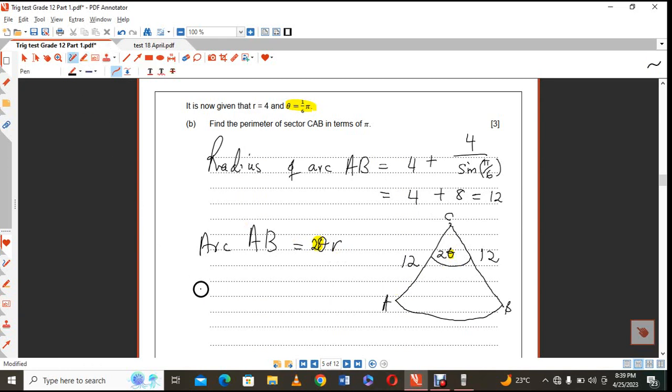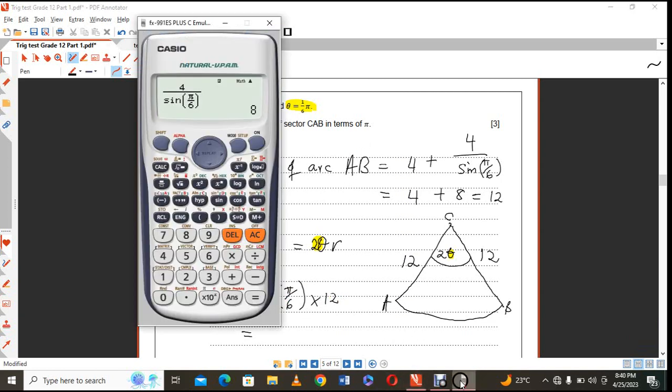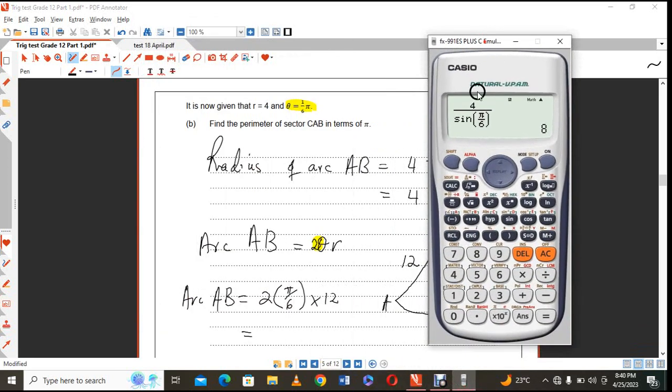Then we multiply by the radius, which is 12. So arc AB is equal to 2 times pi over 6, times 12. So grab your calculator, because remember, we're going to leave our answer in terms of pi. It's 2 multiplied by pi upon 6, which is pi upon 3, and we multiply that by 12, and then we get 4 pi.